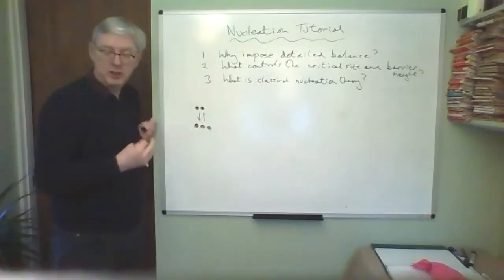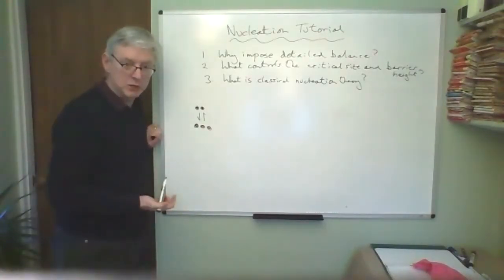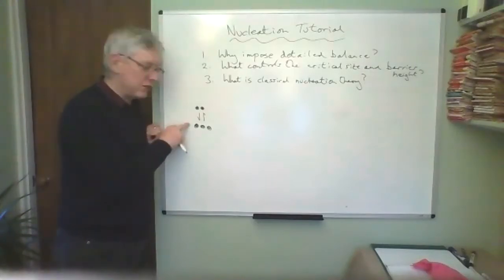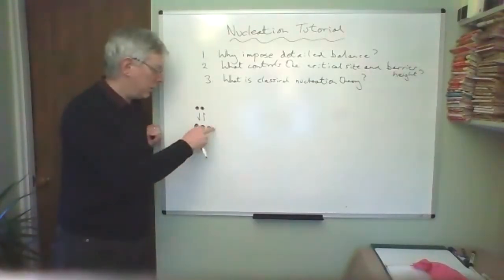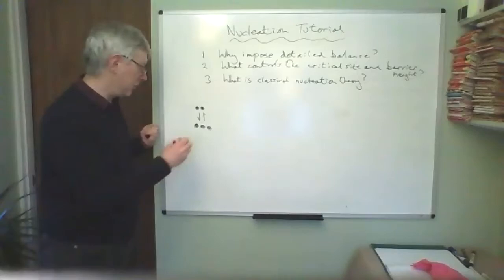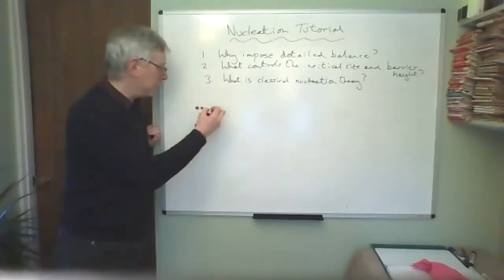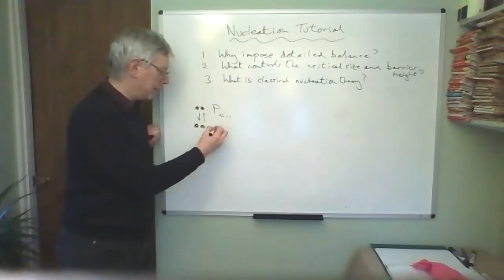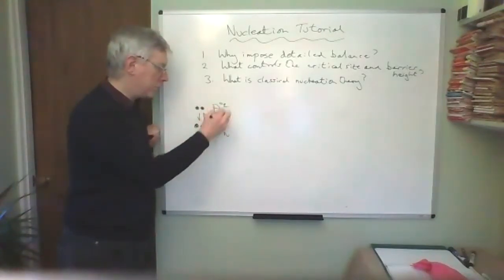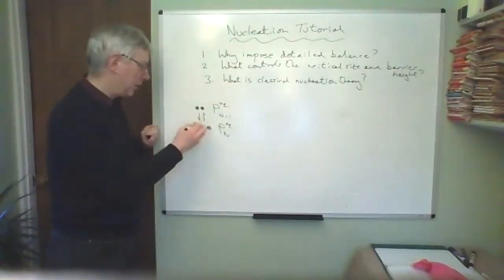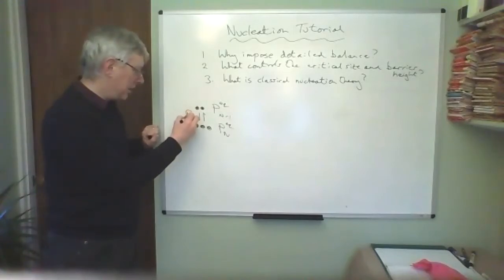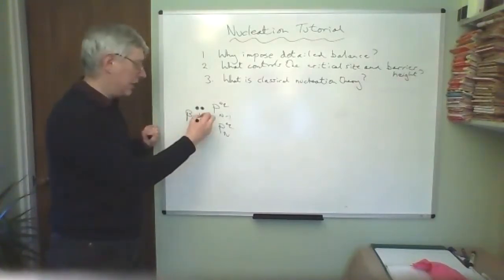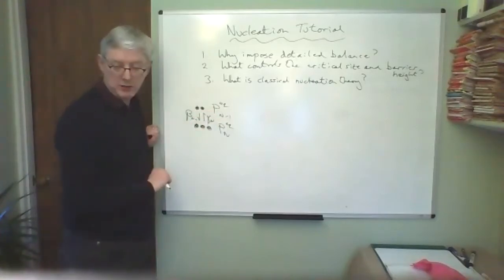Detailed balance in an equilibrium system is the equality of the rate of a transition in one direction with respect to the rate in the opposite direction. So in equilibrium, we have probabilities here of n minus 1 and probabilities of n, and they're equilibrium probabilities. And then we have a beta of n minus 1 going from this size to that size, and a gamma of n going in the other direction.